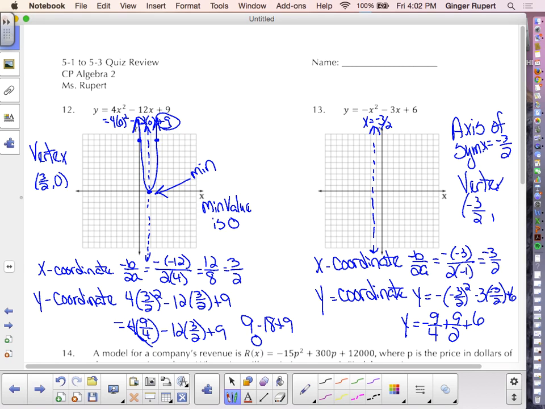That's going to give me, I'm going to have to come over here, y is equal to negative 9 fourths plus 18 fourths plus 24 fourths. So that will give me 32 fourths, which is 8. So I'm going to get a vertex at minus 3/2, 8.